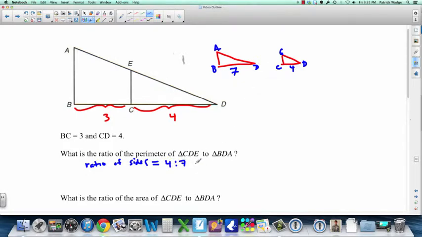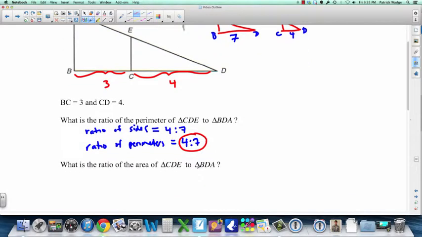If we want the ratio of perimeters, what would that be? Well, think back to what we learned on the other side of this page. What do you know about the relationship between the ratio of sides and the ratio of perimeters? They are exactly the same. So the ratio of perimeters would be 4 to 7. That is it. You're finished that question.